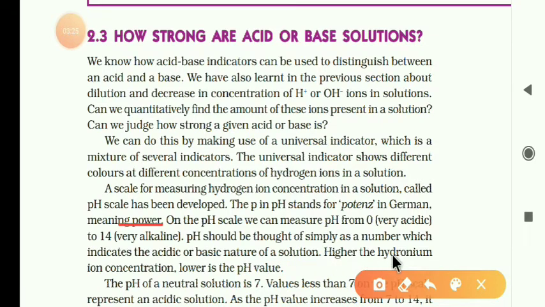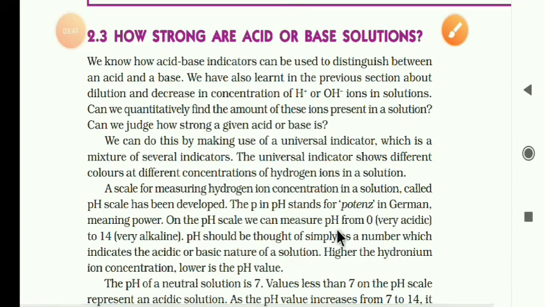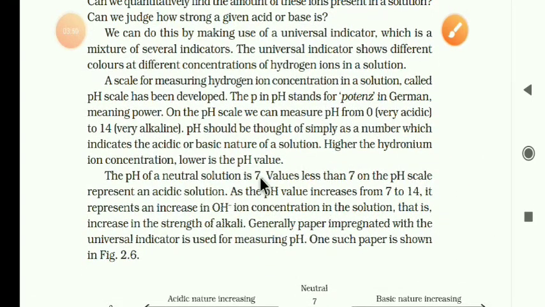Higher the hydronium ion concentration, lower is the pH value. See, understand here: higher the hydronium ion, H+ ions, lower is the pH value. The pH of a neutral solution is 7.